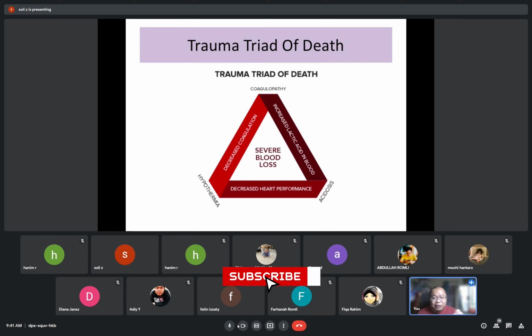You keep giving fluid, the patient eventually dies. That's why the teaching now is if the patient is bleeding or you recognize hypovolemic shock class 4 or class 5, you need to start with blood products. Don't waste time giving fluid. Okay, that's the story of the trauma triad of death. This is the cycle that we want to break or prevent.